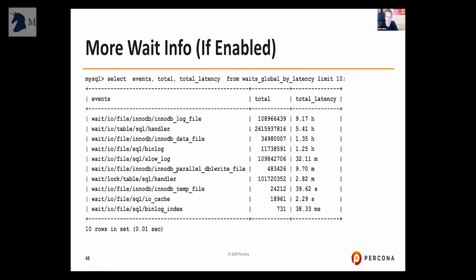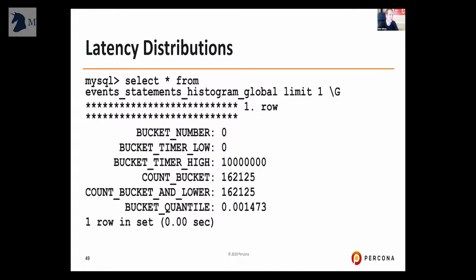Otherwise, for untimed events, you may order by total instead of total latency, right? And then you will get the data with error encounters.